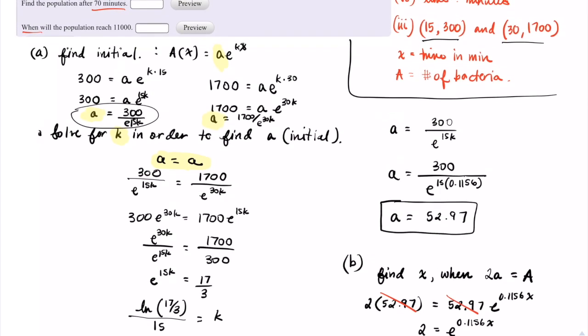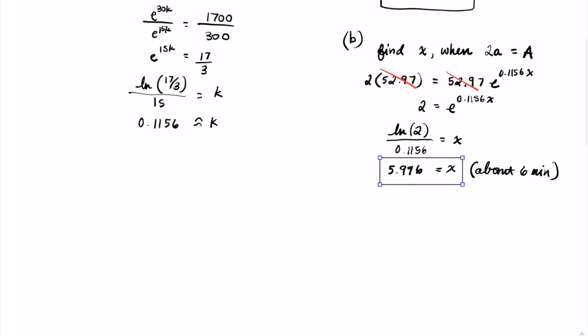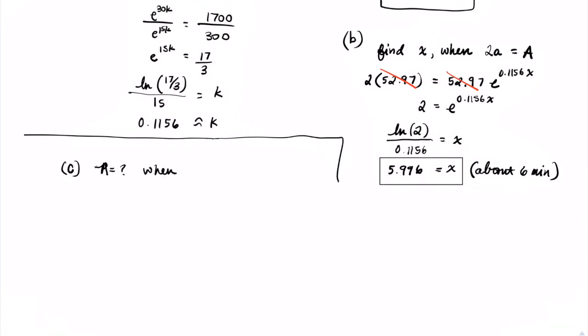Okay, and then C would be find the population after 70 minutes. So we need to find A when x is equal to 70. And that's an easy plug and chug.